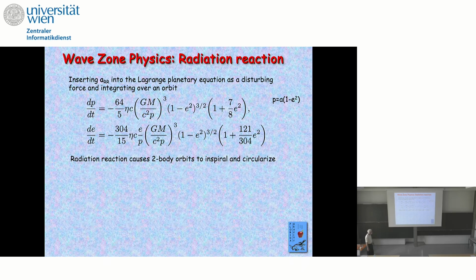The key point is that de/dt is always negative. So gravitational waves cause the eccentricity of the orbit to decrease. So gravitational waves tend to circularize orbits. So you can start with an orbit that's highly eccentric, and by the time they're close enough together to merge, the orbits are almost perfectly circular.